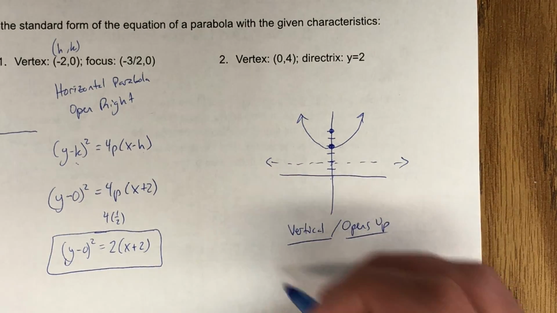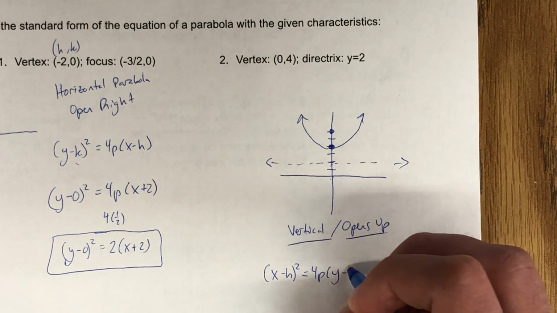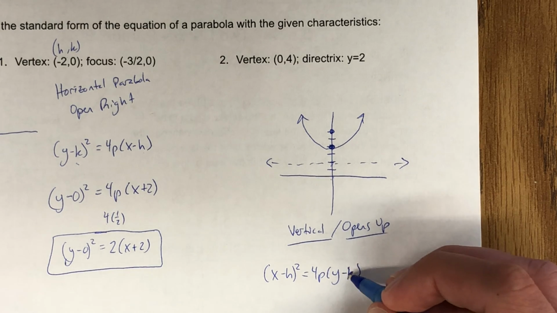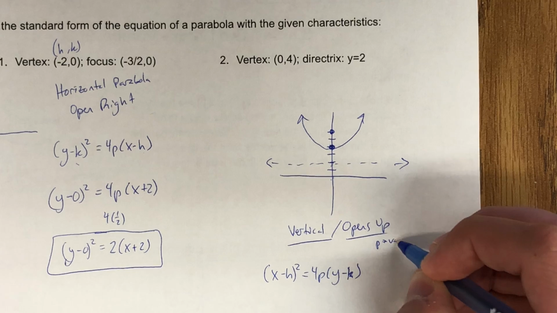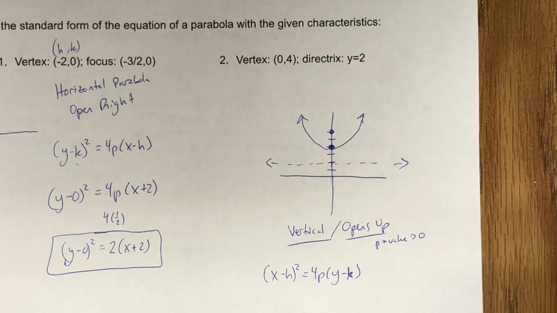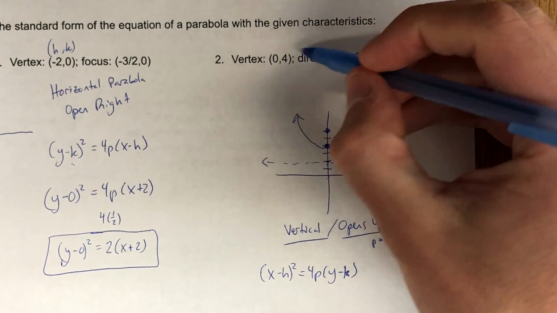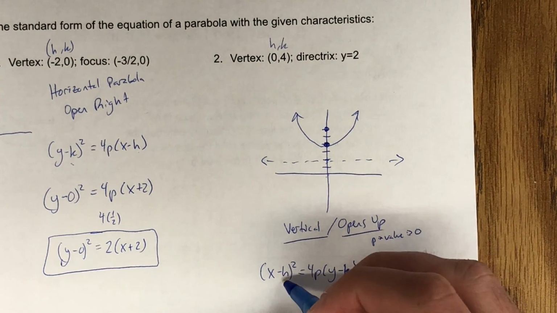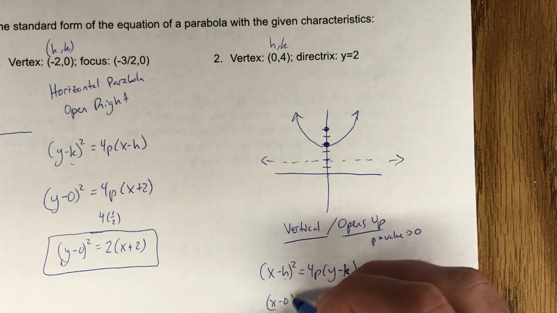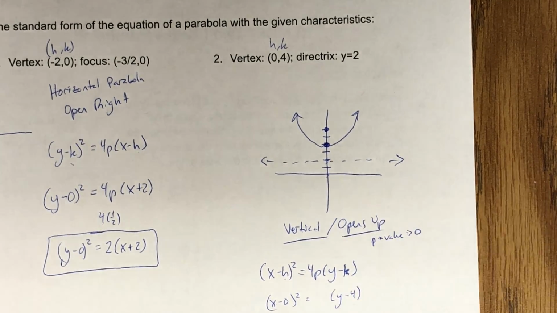So vertical means we're going to have x minus h squared equals 4p times y minus k. Opens up means our p value is greater than 0. It's going to be positive. So the vertex is nice. It's 0, 4. So that'll be h and k. So h is 0, so we'll have x minus 0 squared, equals 4p times y minus 4.